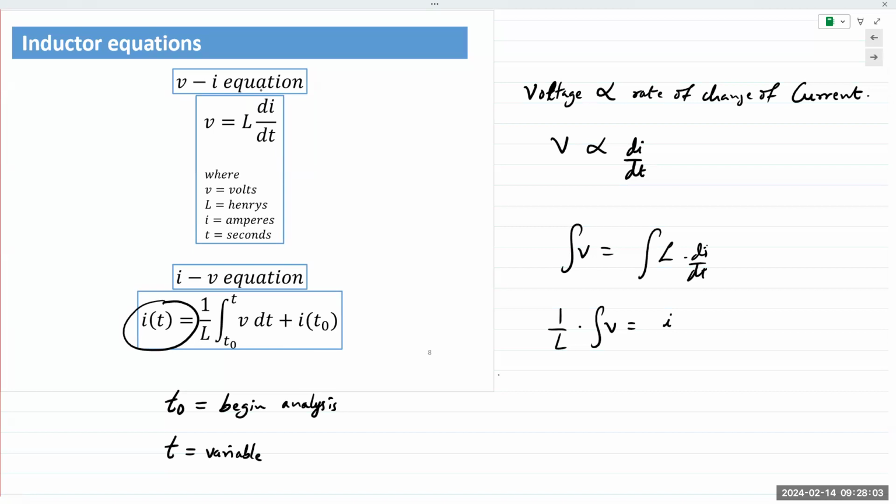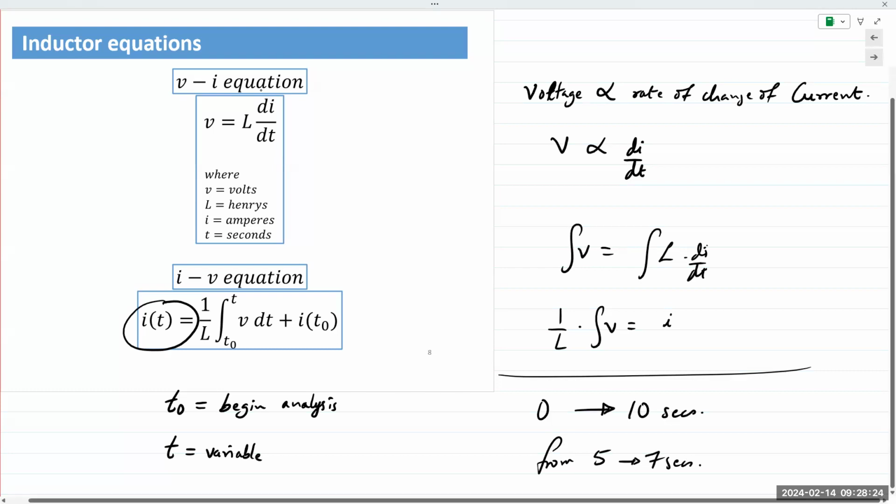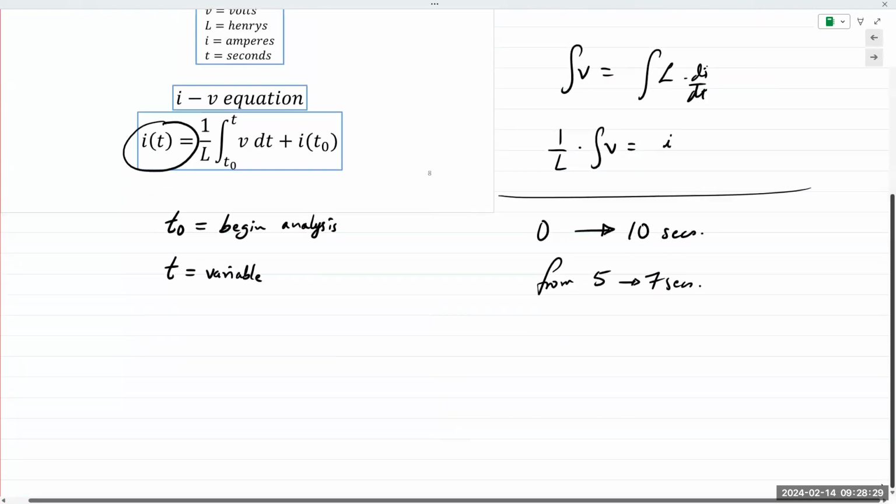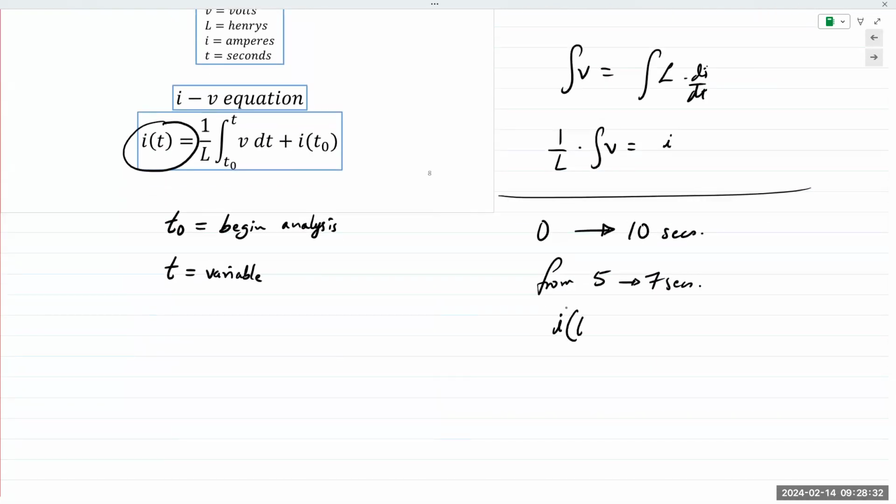Remember, I just used the example of a system that is going from 0 to 10 seconds, right? And we wish to look at a small slice of that from, let's say, 5 to 7 seconds. So if we wish to find the current from 5 to 7, we integrate between 5 and 7, but we have to account for the current that might be present at time t equal to 5 seconds. So I of t0 in that case, my 5 would be t0.